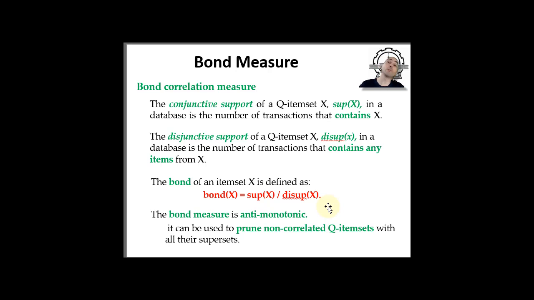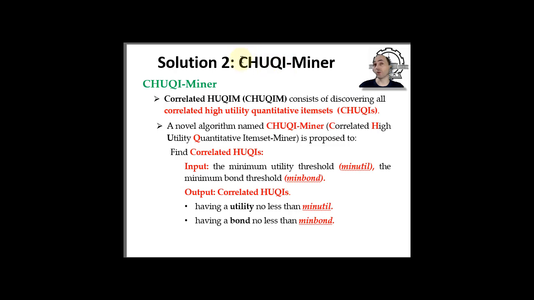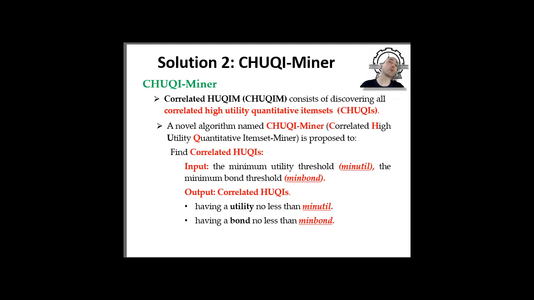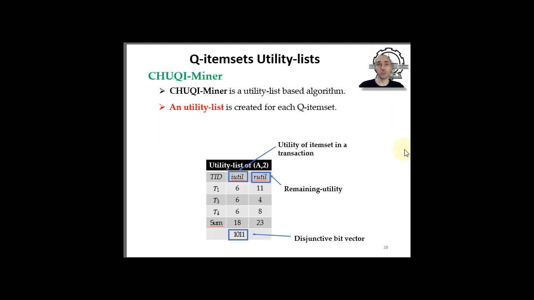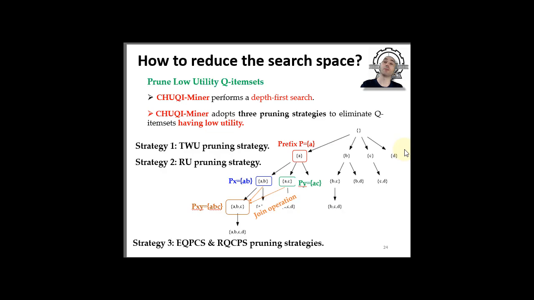Again, we don't have a lot of time, so I will skip the details. So we define a new algorithm called CHUQI-Miner for this task to find the correlated high-utility quantitative item sets. If you are interested in the details, you can read the paper.